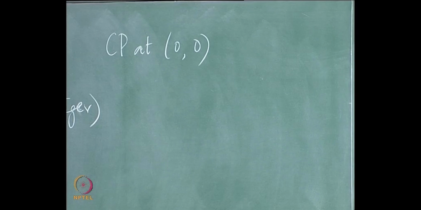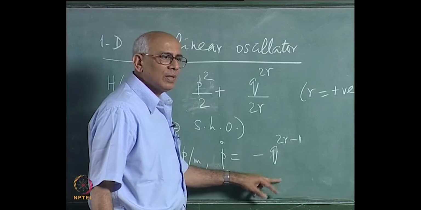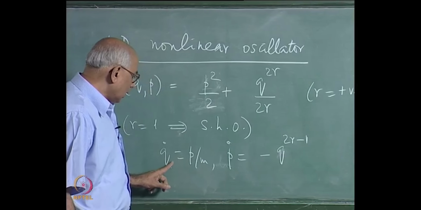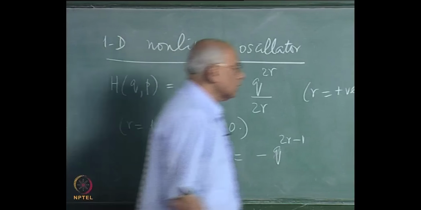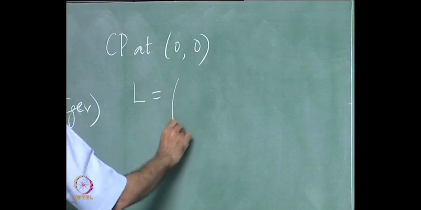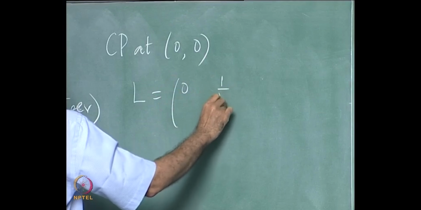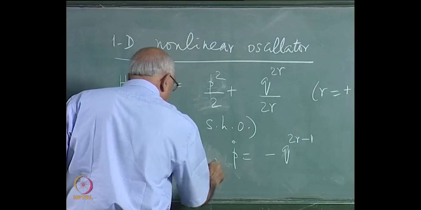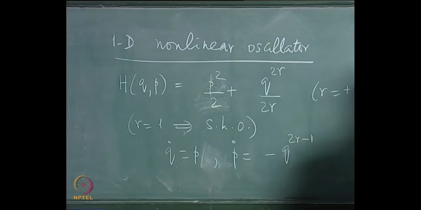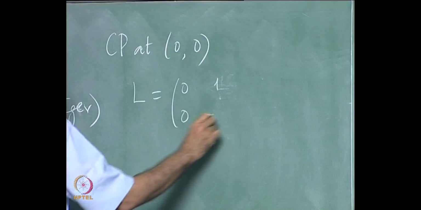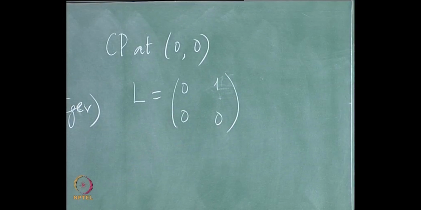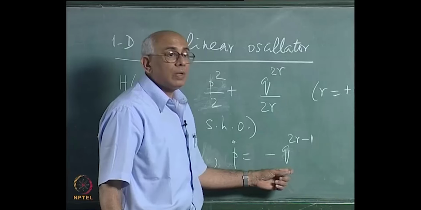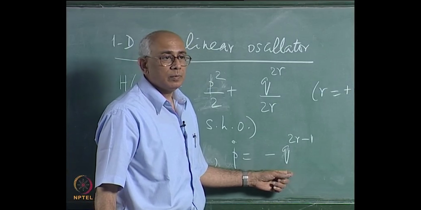What does the linear matrix say? If you linearize this, this becomes 0 right here, and you would get a linear matrix. If I tried linearizing, I would get L equal to 0 1 over, let us just take this to be 1 since I have chosen units such that the mass is 1. So this is 0, this is 1, and out here I get 0 and 0, because this is already a higher order term for r greater than 1.